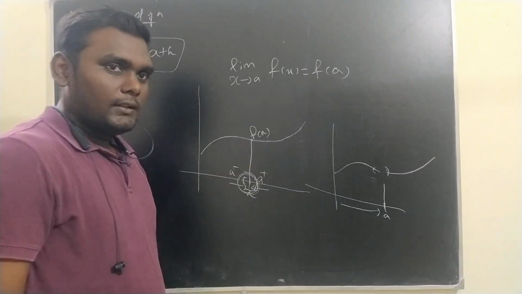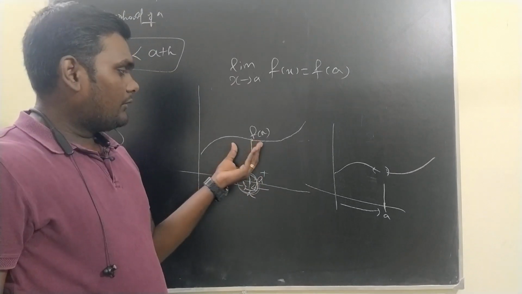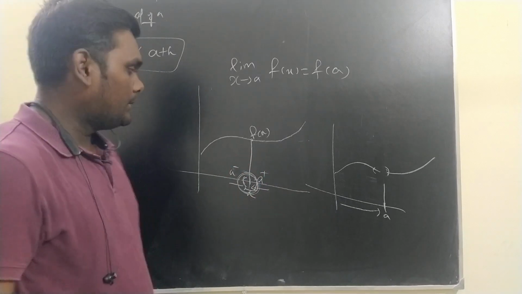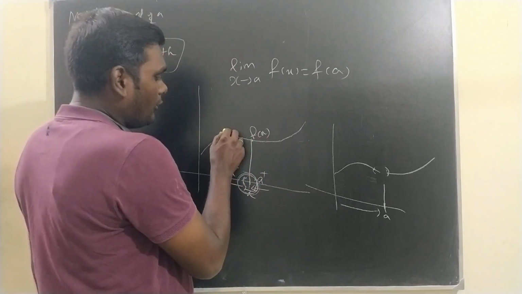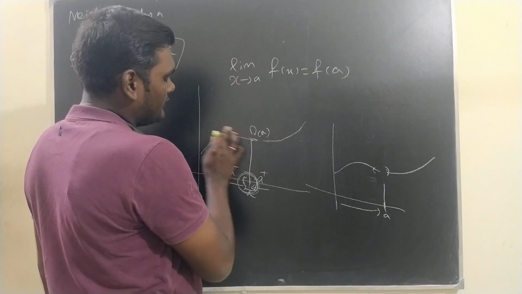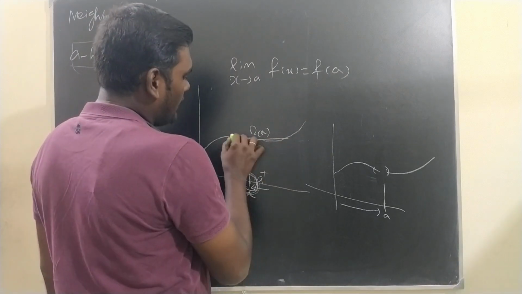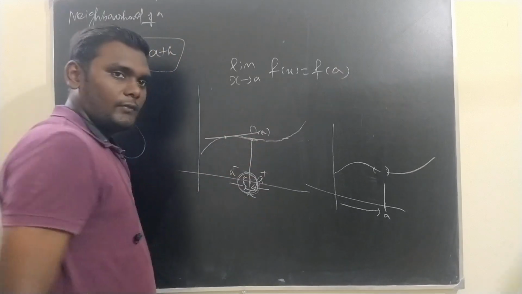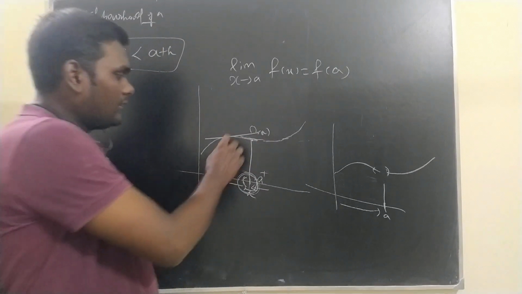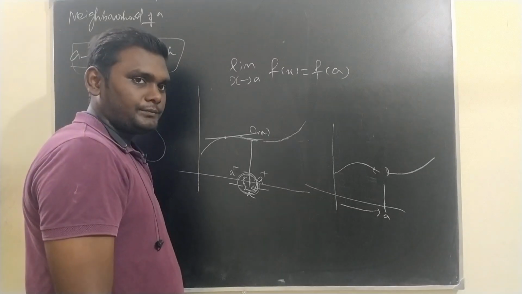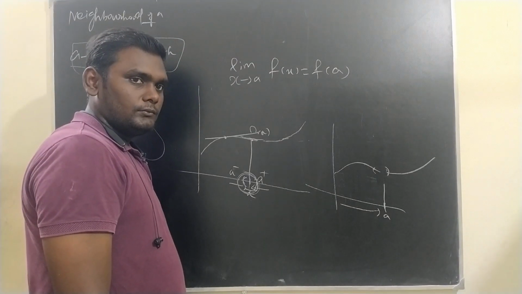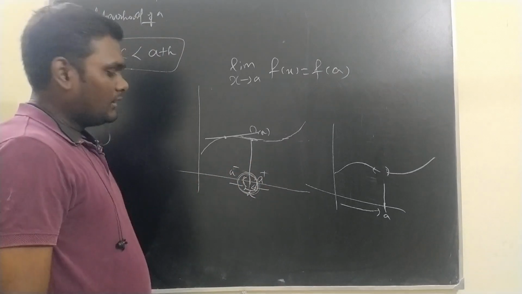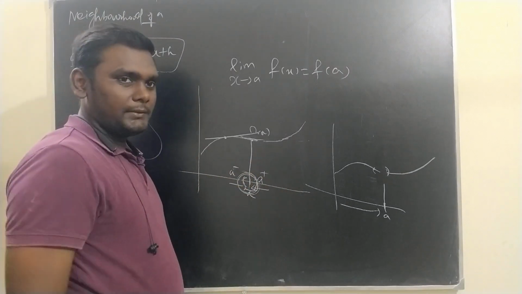How to check? See, differentiation of this function is nothing but the slope of a tangent. Tangent means it touches the curve at only one point like this. For this line we are finding the slope.